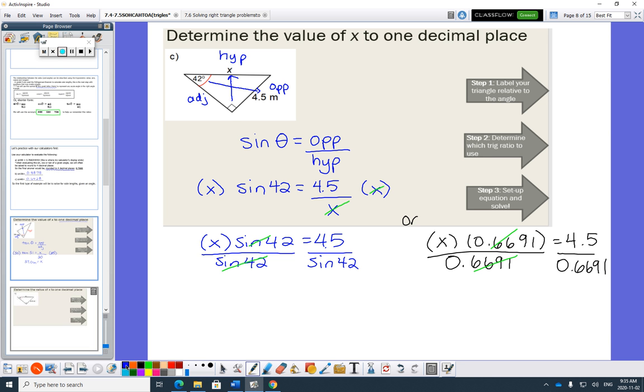This, you have to round, you have to use your calculator, which is fine, okay? Just make sure that you understand the steps you're doing and don't skip steps and stuff like that, okay? So now I'm going to do 4.5 divided by sine 42. I'm going to check. One decimal place, what the question says.